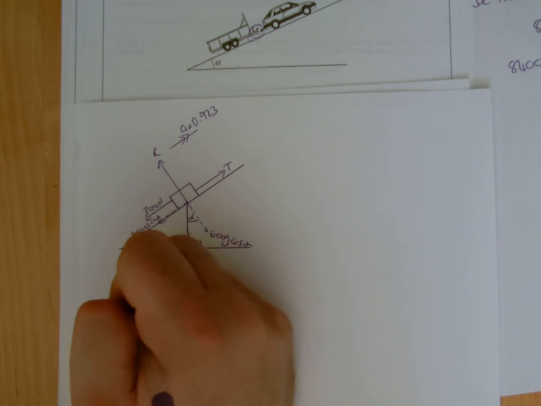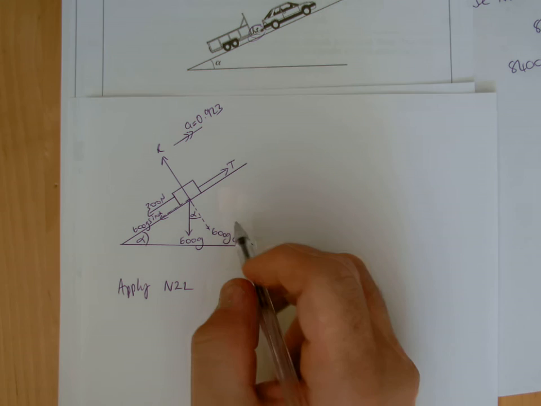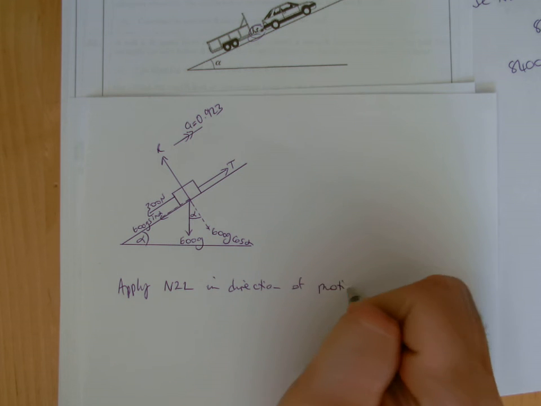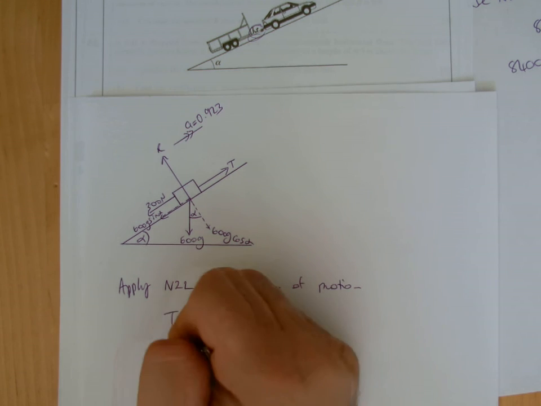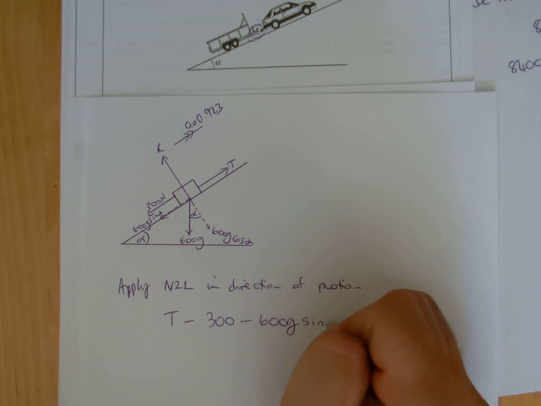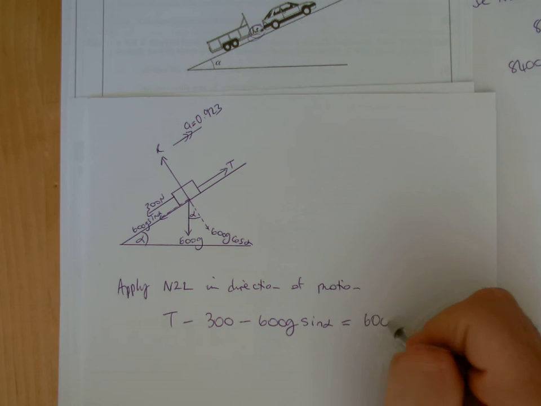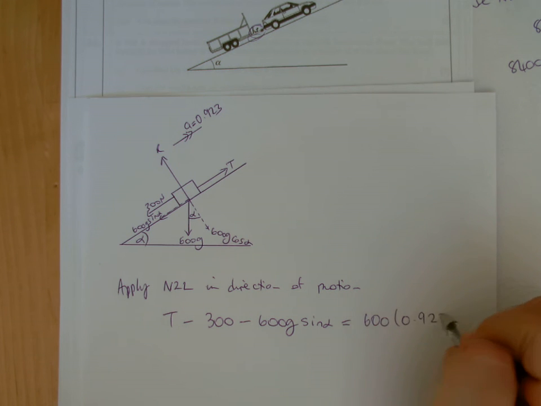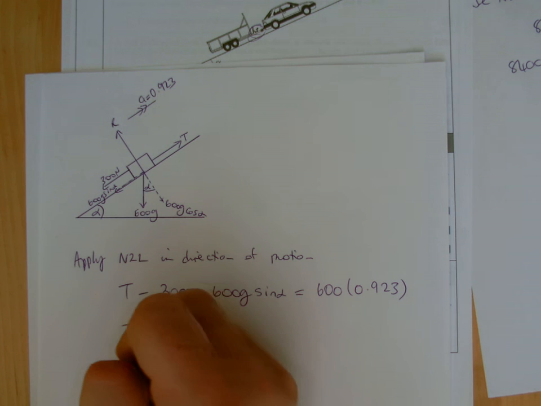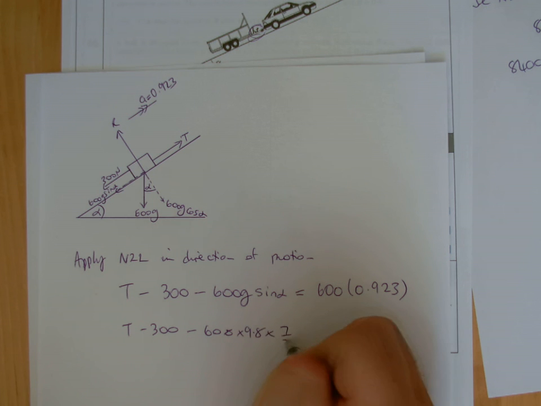So if we again apply Newton's second law to the trailer, in the direction of motion, parallel to the inclined plane, we'll have T, take away the 300, take away the 600g sine alpha, and that will equal the mass, which is 600, times the acceleration, which was 0.923, worked out in part A. We know sine alpha was given to us as 7/25, so we just sub that in: 600 times 9.8 times 7/25.